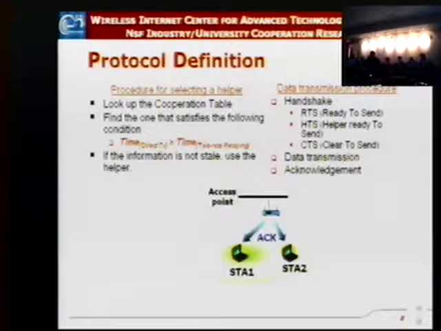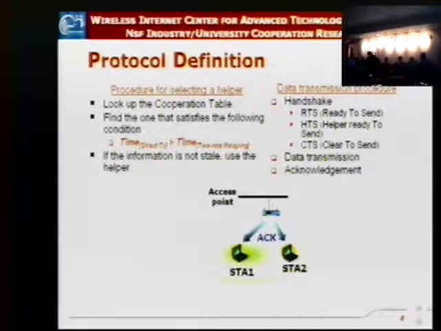Okay, so that is just regular MAC. Yes. The same with the HTS. If station 1 does not receive the HTS after a specific threshold, it realizes that the helper won't participate.